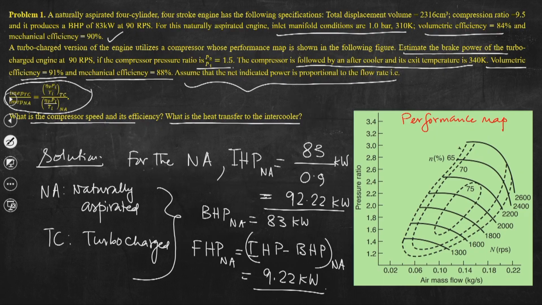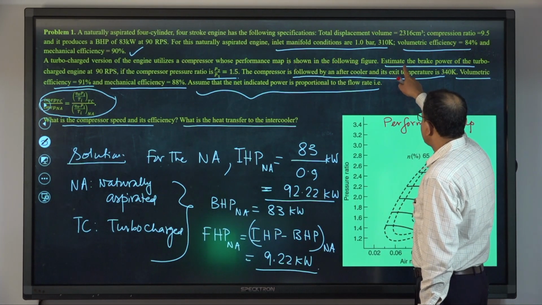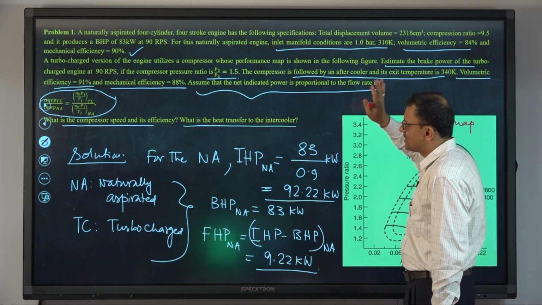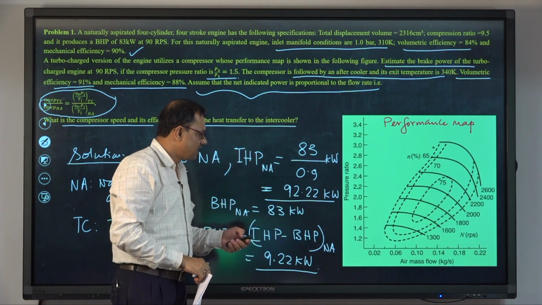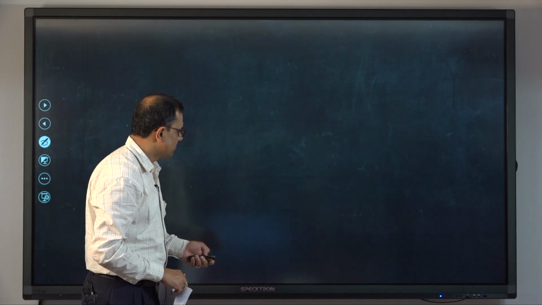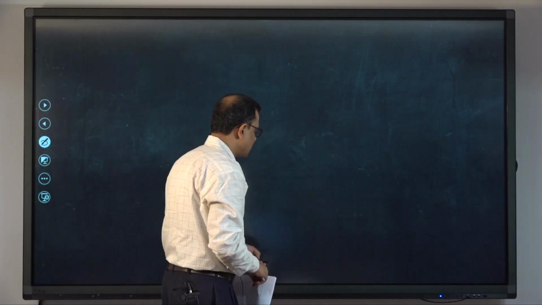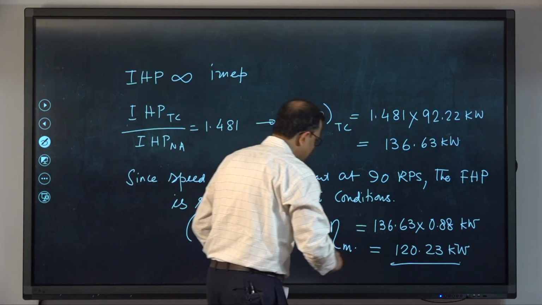Let me go back to the problem statement once again. The first part of this question was to estimate the brake power of the turbocharged engine at 90 RPS. That we already estimated, and that is 120.23 kilowatt.